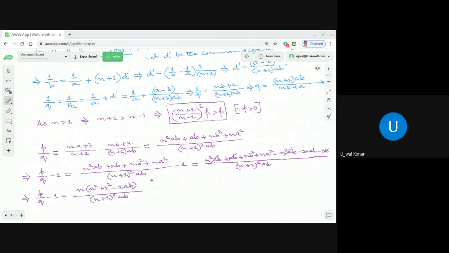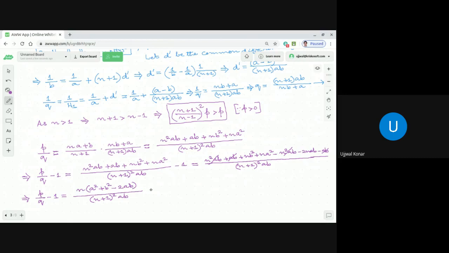Now here there is a little to be happy about, because whenever we get a square plus b square minus 2ab, we know we are going to get something. It is coming to our formula. But ab is there in the bottom, correct or not? n is positive, and n plus 1 is also positive.